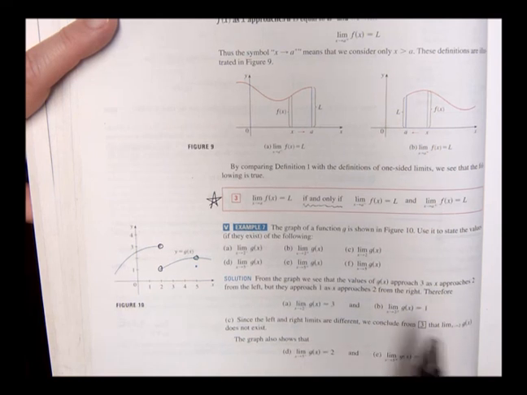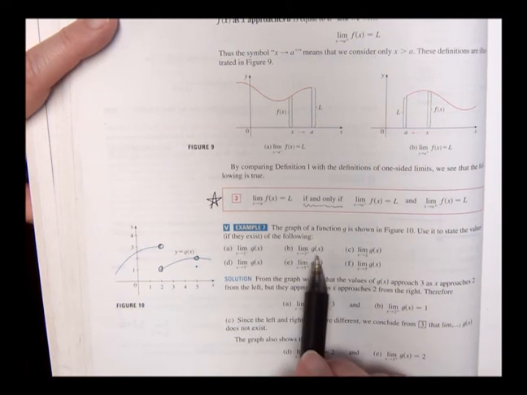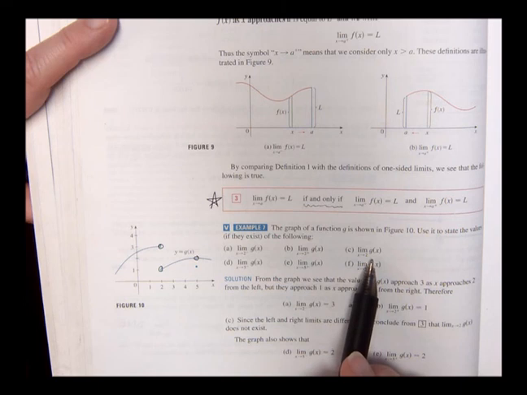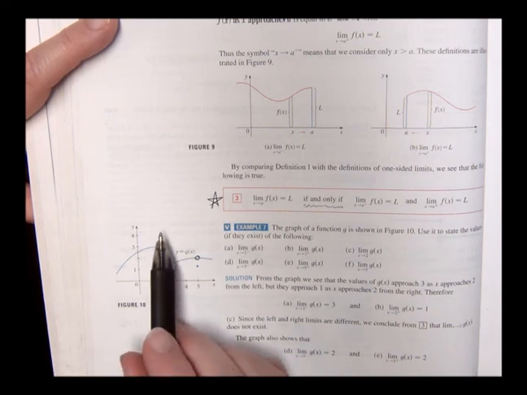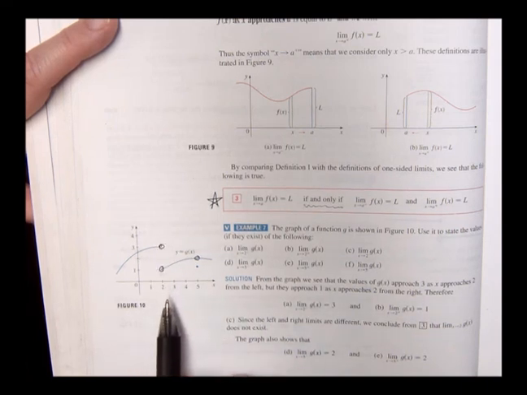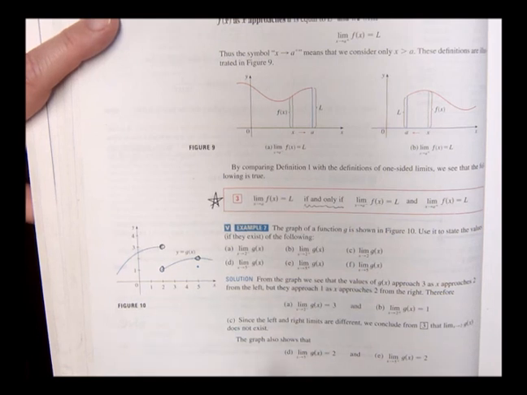And then we want to compare those to see if there is a limit as x approaches 2. Well, I look over here and I notice that's where my break is. So there's a big hint that probably the limits are not going to exist. But I might not have the graph right in front of me.